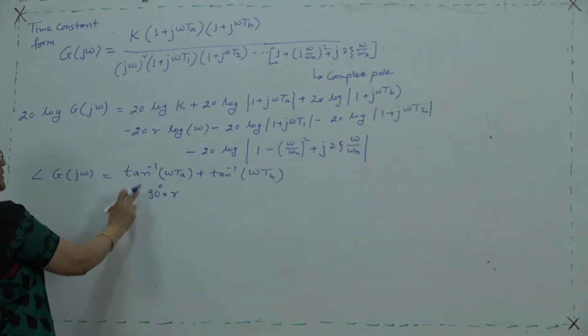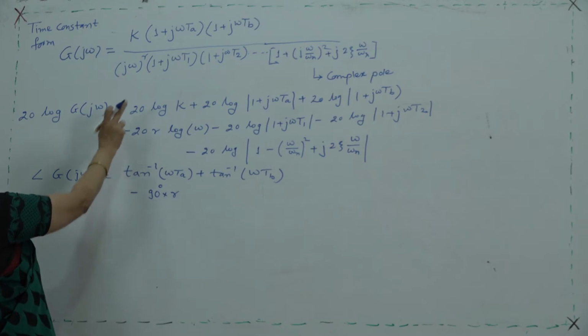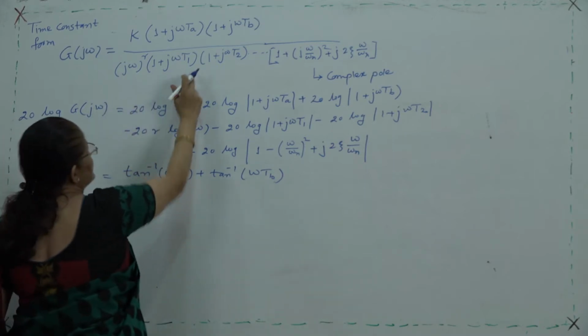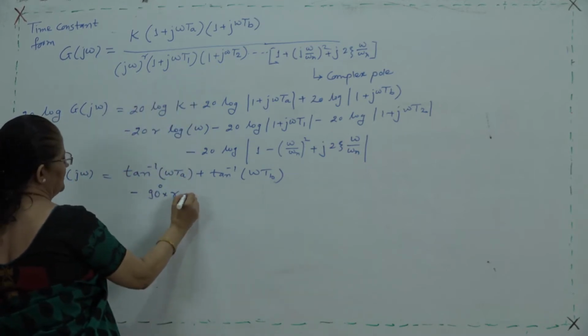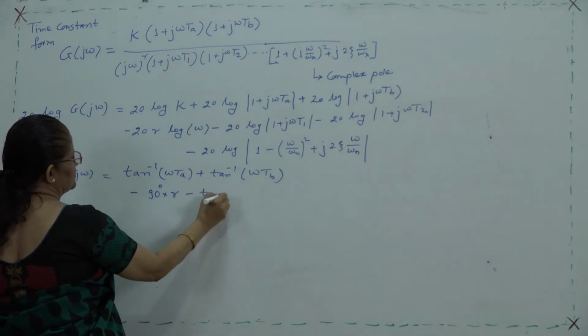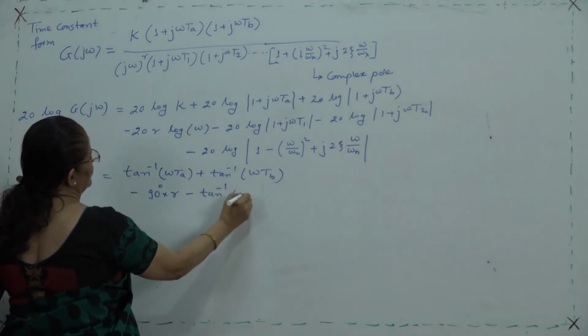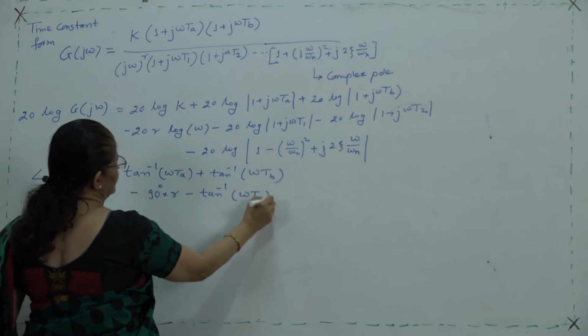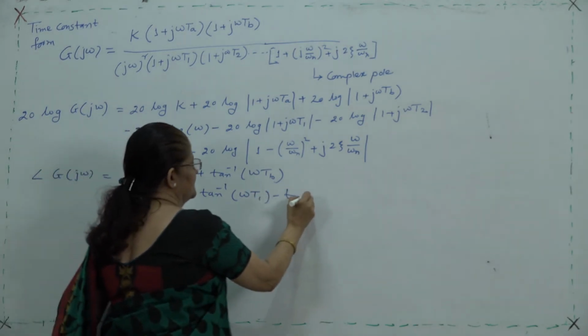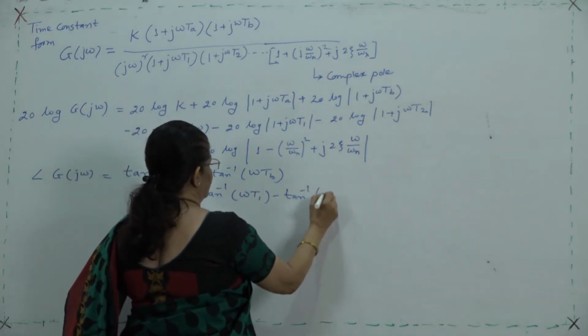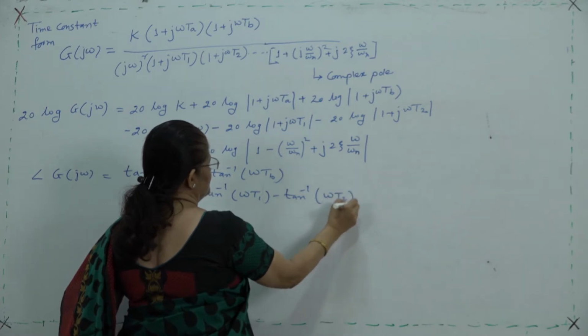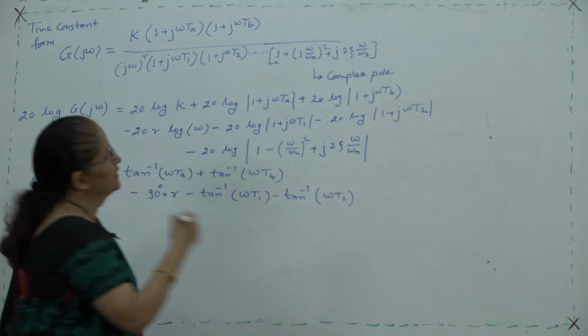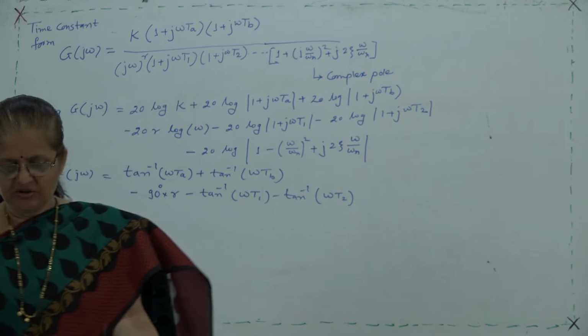Why minus? Because it is at the denominator. Then for 1 plus j omega T1, minus tan inverse of omega T1, minus tan inverse of omega T2. If some terms are there, you will get addition of that.